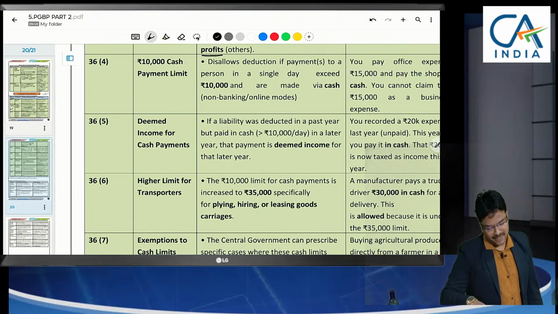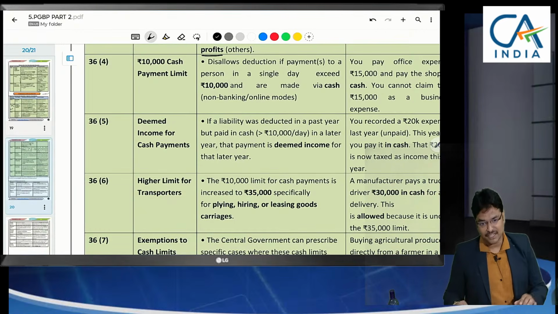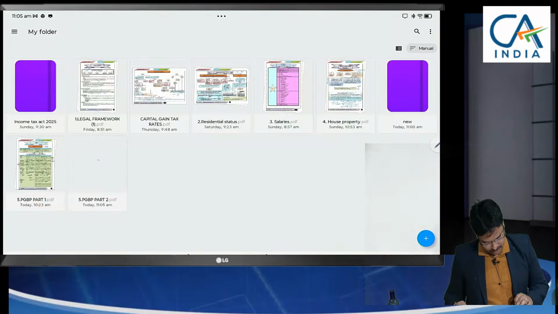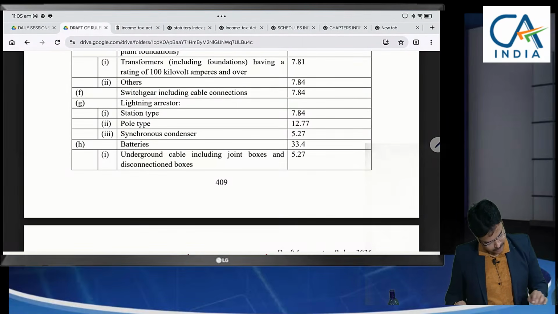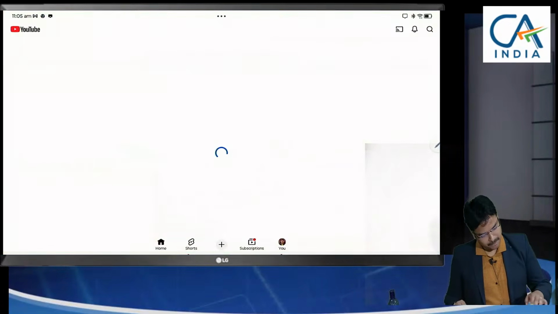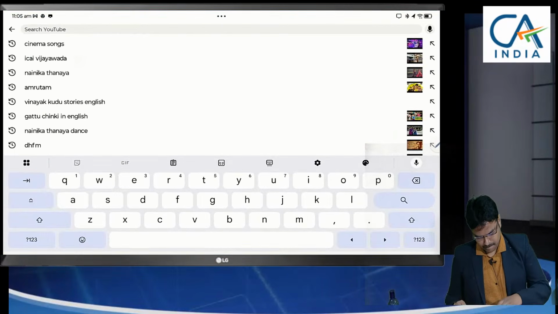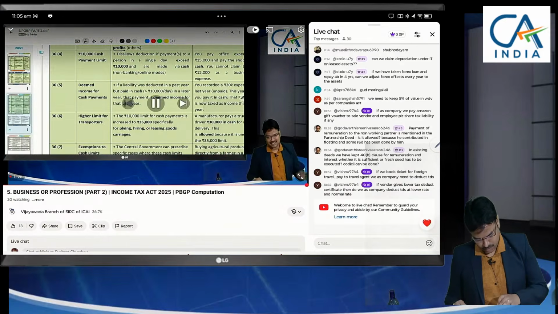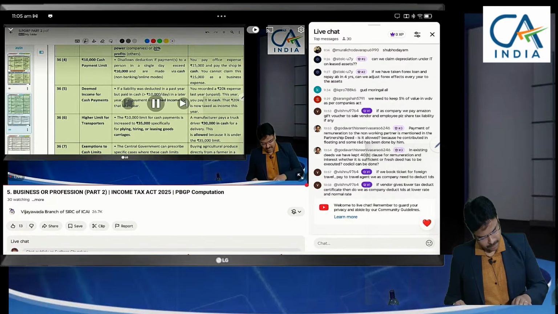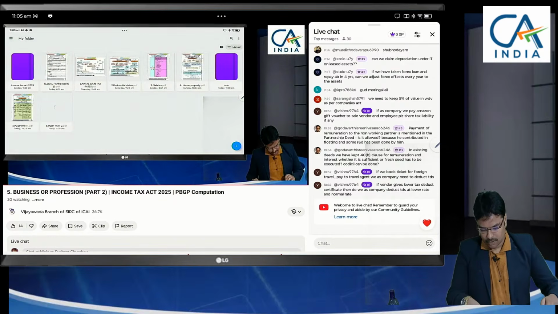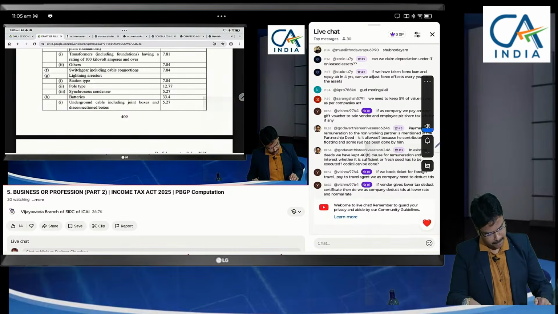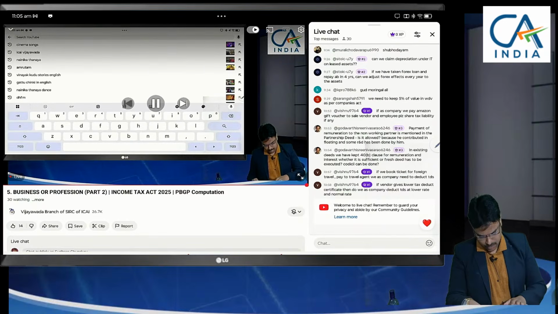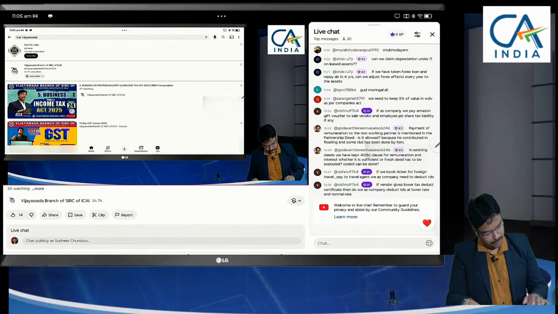So, balance aspects, this 10,000 limit and all we will discuss in further session. But here some queries were being raised regarding the session. Let me clarify those queries. So let us discuss those queries now.